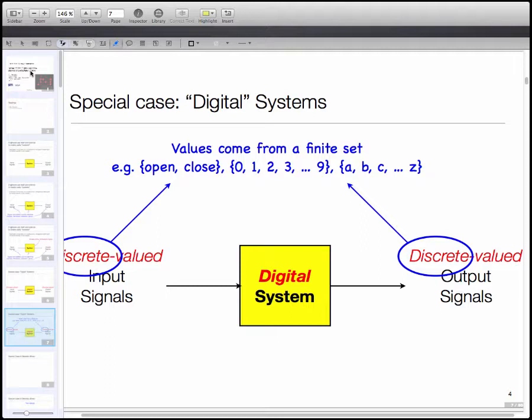Input could be letters of the alphabet, numbers, or a bunch of arbitrary symbols. Basically, any one of these possibilities is equally valid. But the key thing is that the input and output come from a finite set of values. That's what makes it different from real numbers.